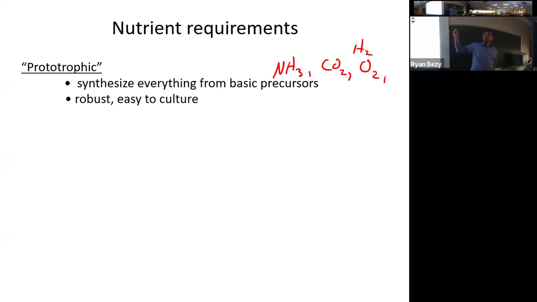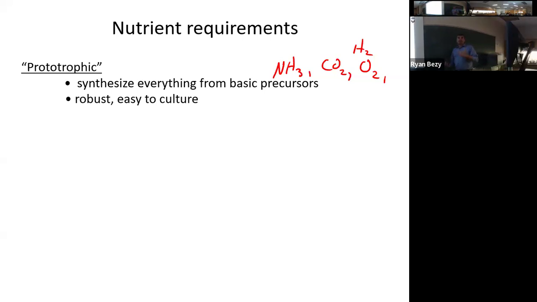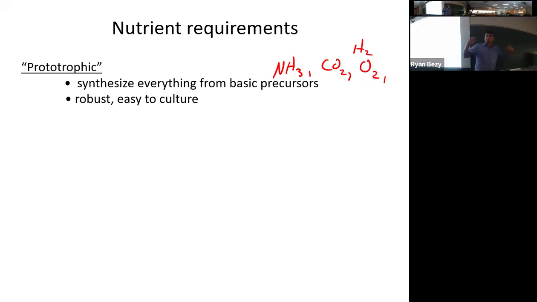They turn those simple molecules into more complex molecules like the macromolecules: the lipids, the proteins, nucleic acids, carbohydrates. They take these simple precursors and put them together into more complex building molecules, building them up. These prototrophic bacteria are often robust.